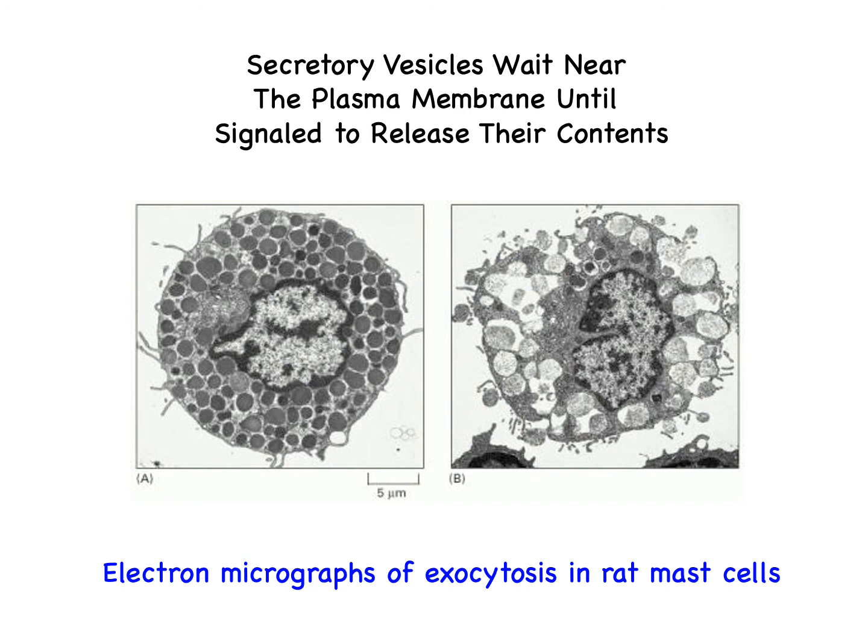When that cell gets a signal to release that material, it fuses those vesicles with the cell surface and releases a lot of content in a very short time. And so those of us who have had a reaction to a virus or an allergen have experienced the results.